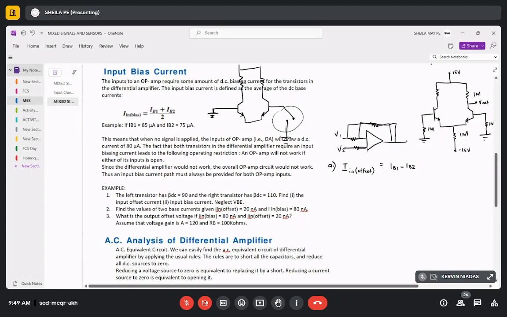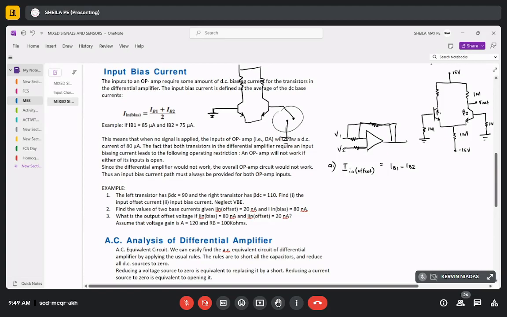We are given beta 1 and beta 2. Now, looking at our given, it is a DC circuit. So we will do the calculation in DC.